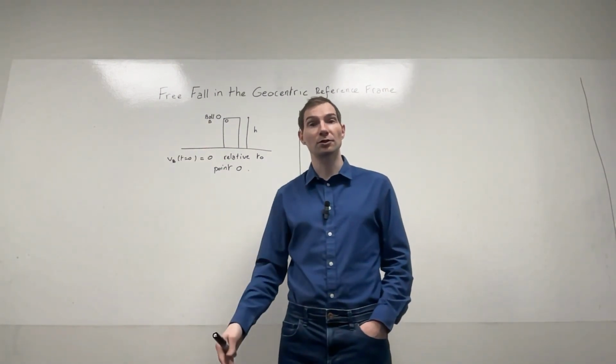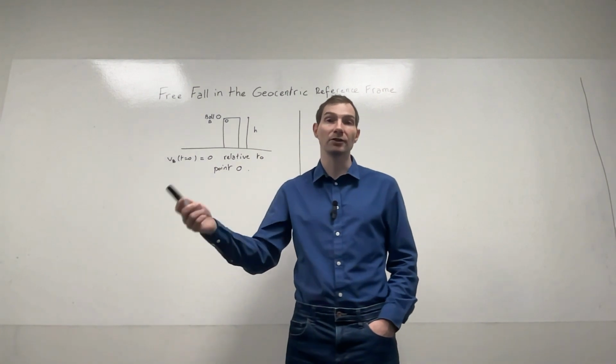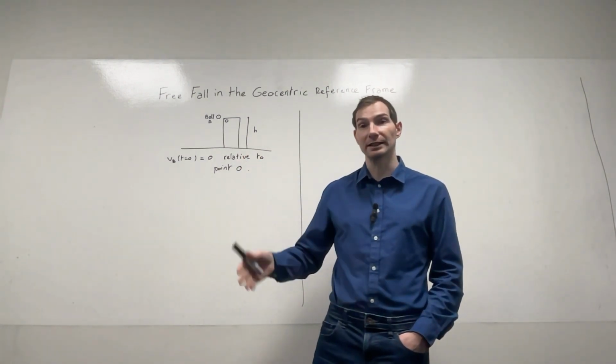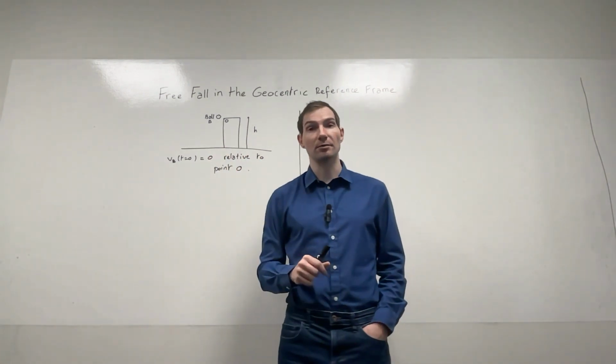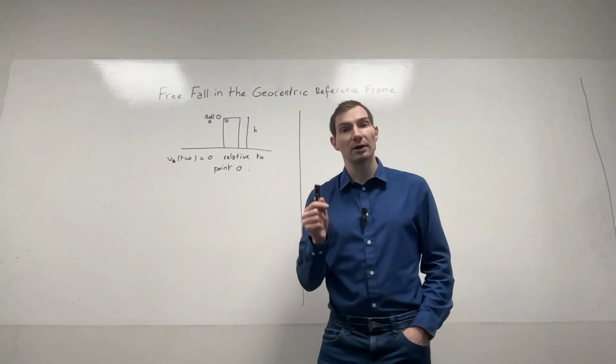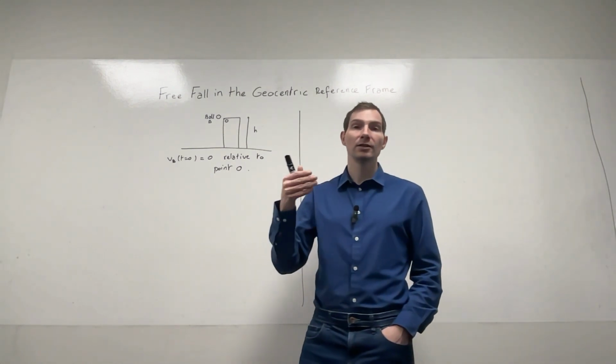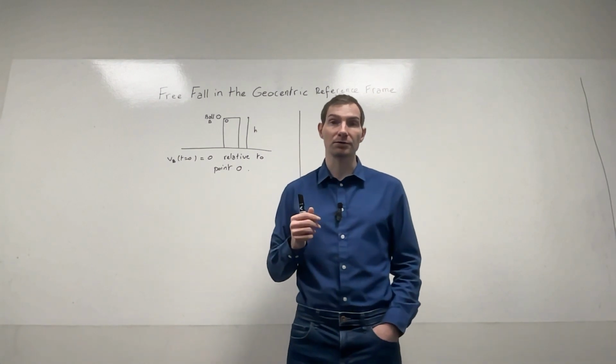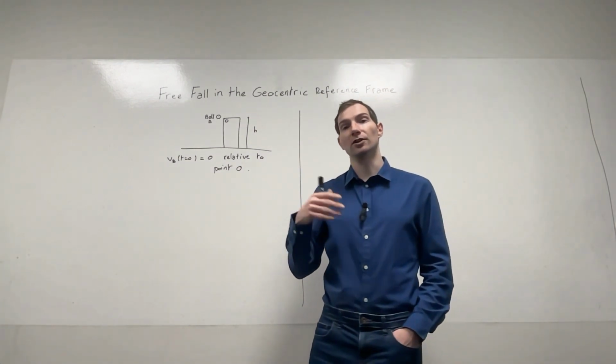Then you can calculate the time it takes to reach the ground, for example. Now it turns out that this works if you consider the so-called terrestrial frame as being inertial.